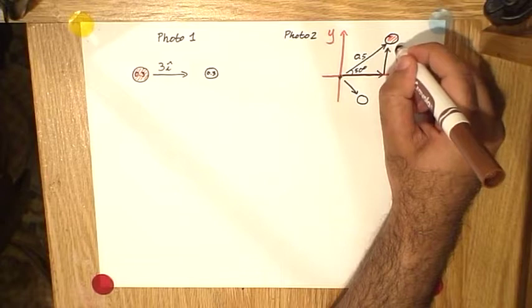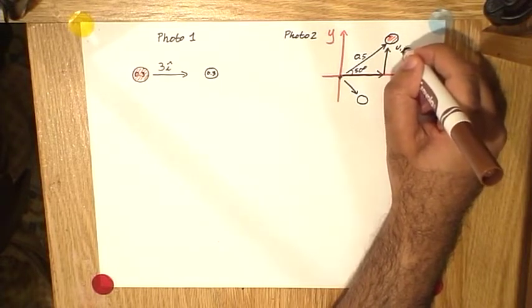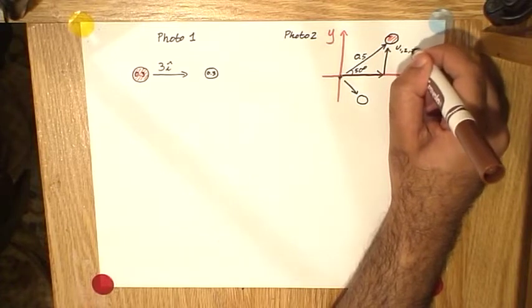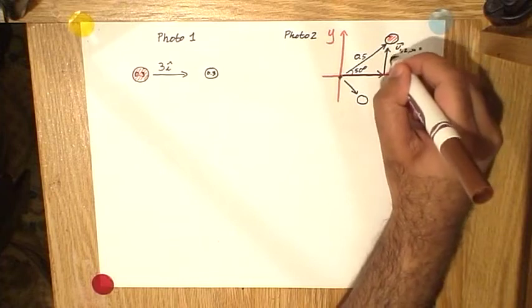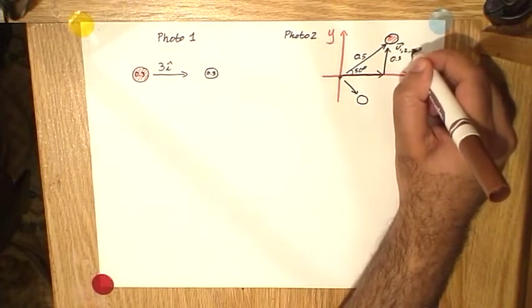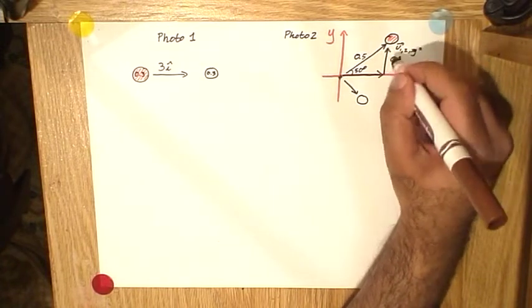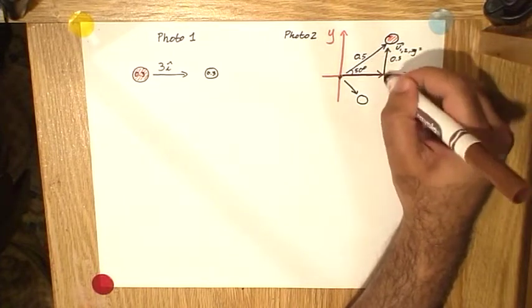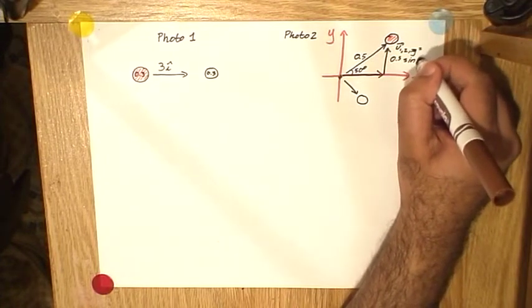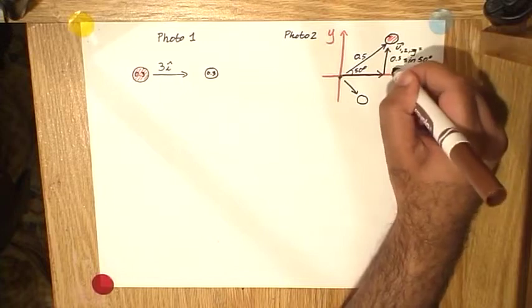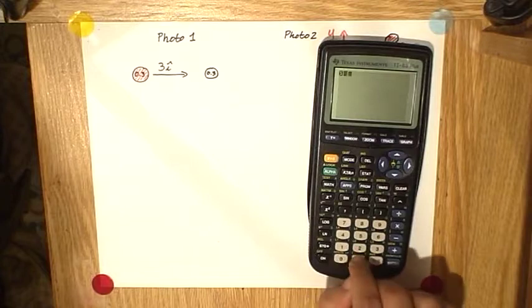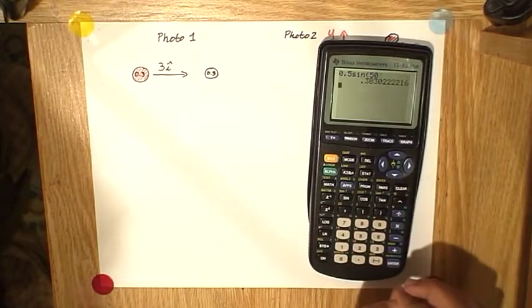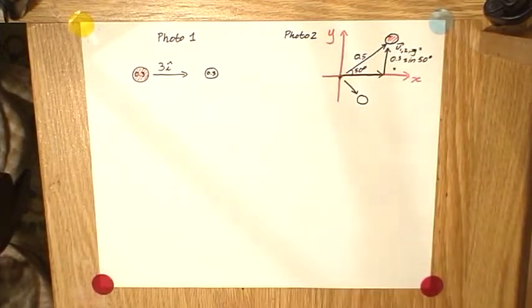So the velocity of ball 1 in photo 2 in the y direction is equal to 0.5 times the sine of 50 degrees, which is 0.383.